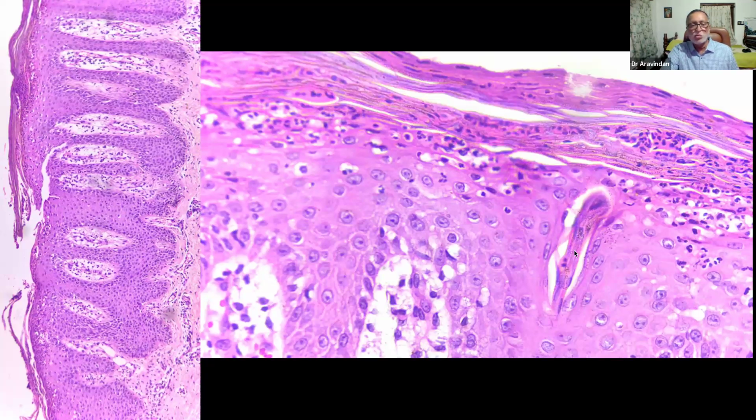So these are the spongiform pustules. This is a classic. And suprapapillary thinning. Usually you always see the suprapapillary epidermis is thin here. So that is also a helpful sign. Many other conditions with psoriasiform hyperplasia, you may not find this thin suprapapillary area.